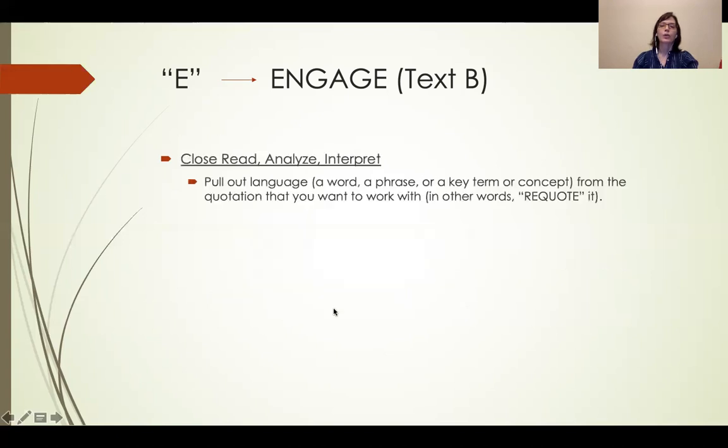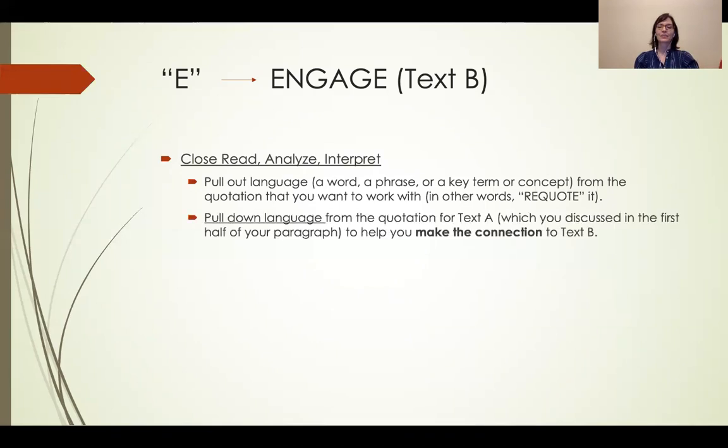Okay, so what we want to do then is when we're close reading, we're going to pull out language, a word, a phrase, or a key term or concept from the quotation that you want to work with, and you're going to re-quote it. Okay, so that part of the close reading process is exactly the same as it was for text A. So here you're focusing just on the quotation that you've brought in from text A. I'm sorry, text B. Okay, and here's the new part.